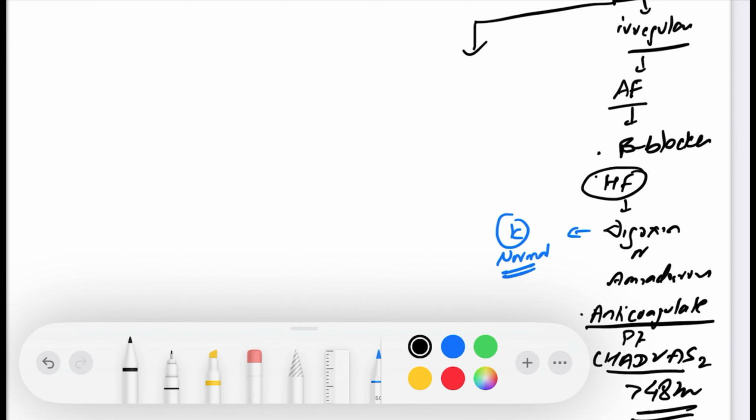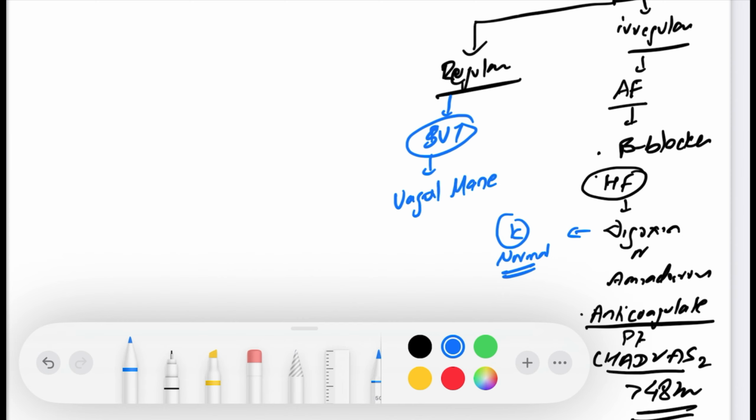After that, if the rhythm is regular, this means the patient is having supraventricular tachycardia, which can be paroxysmal supraventricular tachycardia, or any other tachycardia that's above the ventricle. For a narrow complex regular tachycardia, you can try a vagal maneuver. There are different types of vagal maneuver.